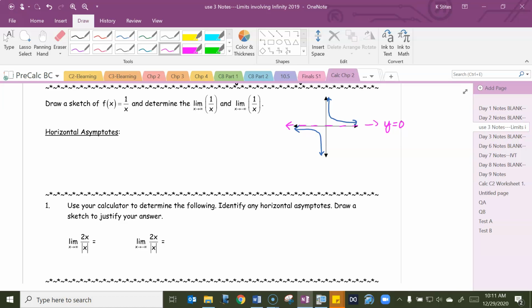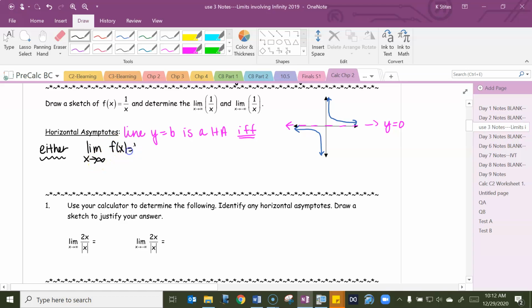A horizontal asymptote is the line y equals b, and we're going to say it is a horizontal asymptote if and only if either of these situations: the limit as x approaches infinity of f of x equals b, or the limit as x approaches negative infinity of f of x equals b.